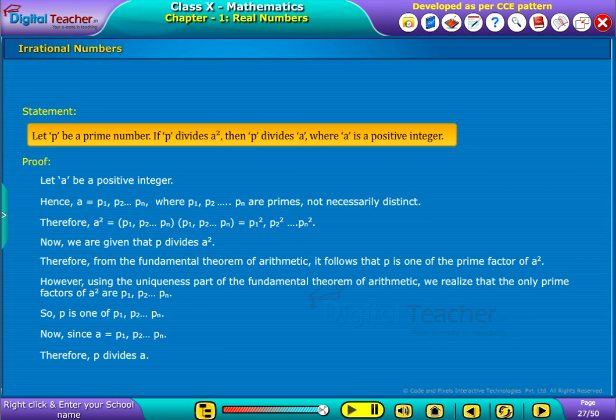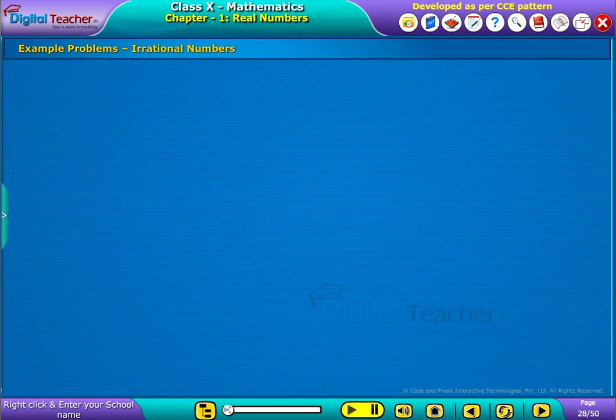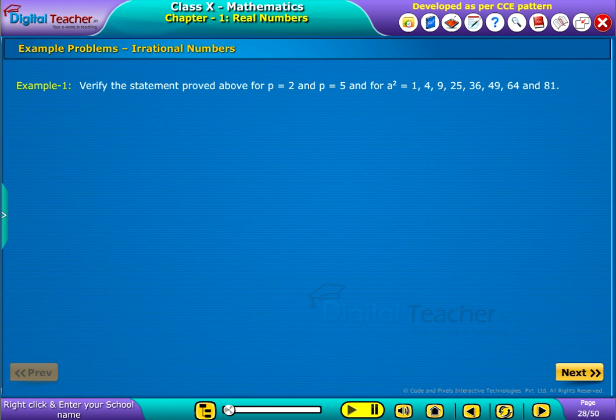Let us use this theorem to solve a sample problem. Verify the statement proved above for p is equal to 2 and p is equal to 5 and for a square is equal to 1, 4, 9, 25, 36, 49, 64 and 81.